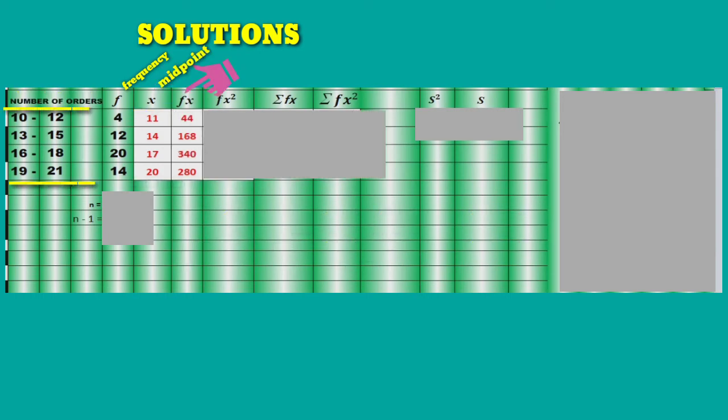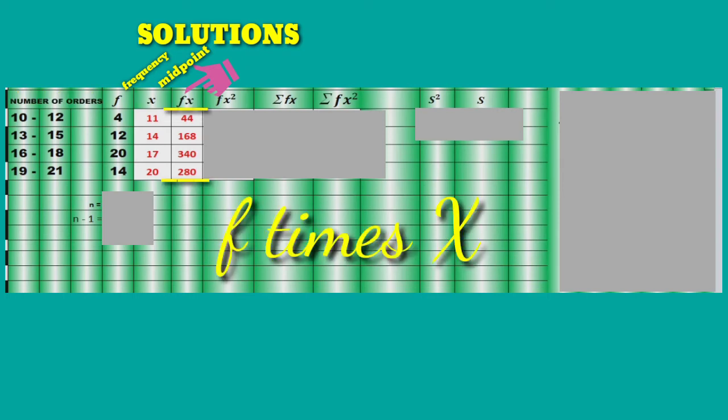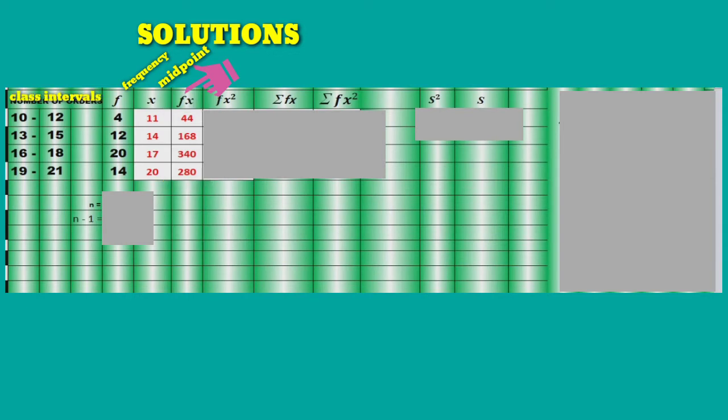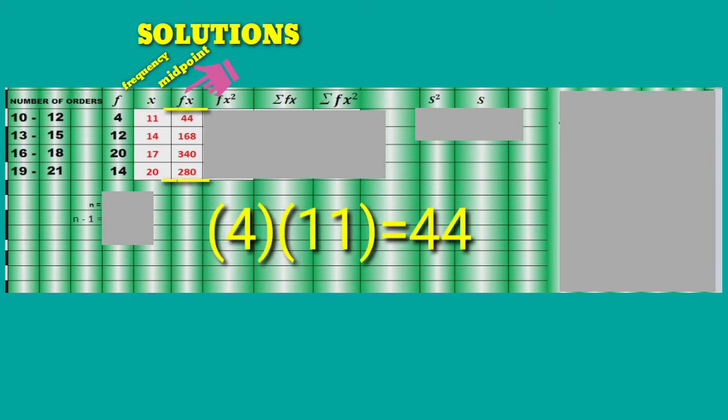Next column, the column for our fx. To get fx, that is equivalent to your f times x. So multiply the f and your x. How did we get 44? Multiply 4 times 11, that is 44.